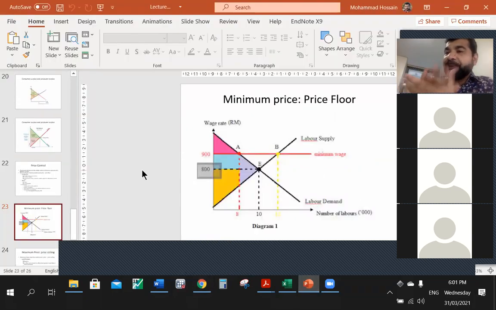So you cannot pay my citizens less than 19.84 minimum. Employers are not happy at all. Why? Because look, the market price is much lower. Even someone wants to work for $15. Muhammad is working for $15 here.